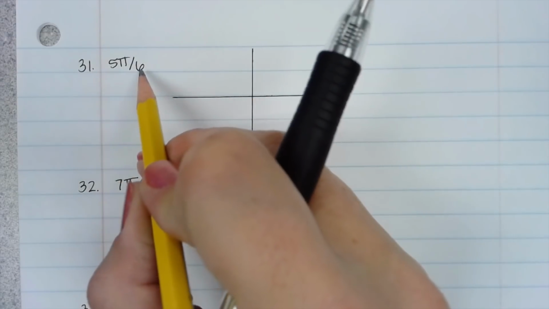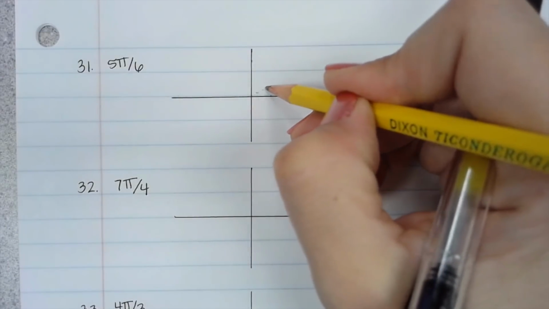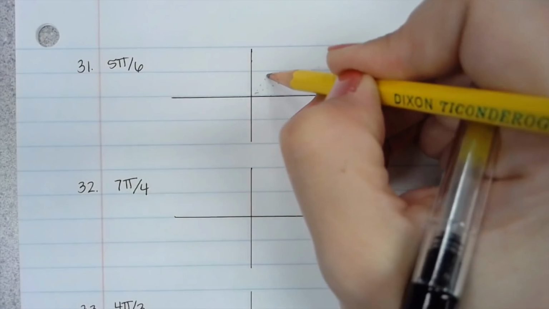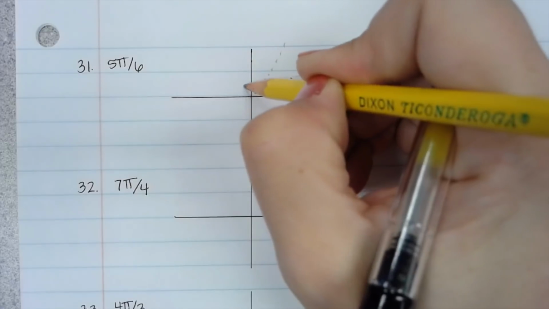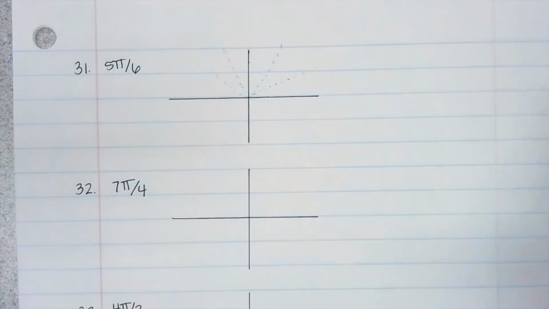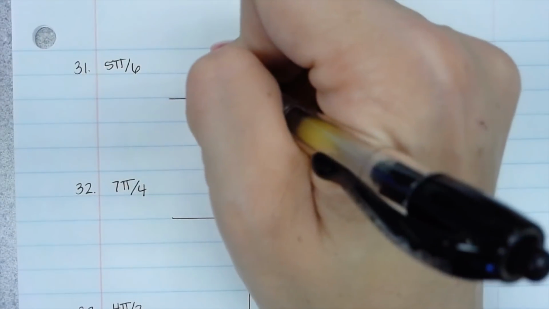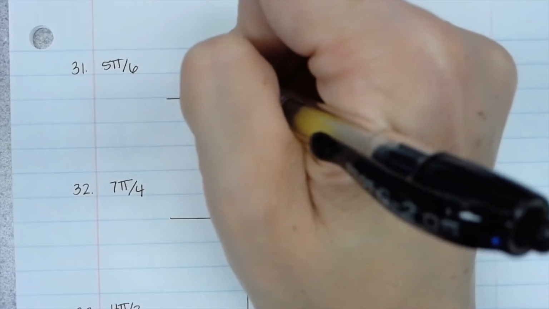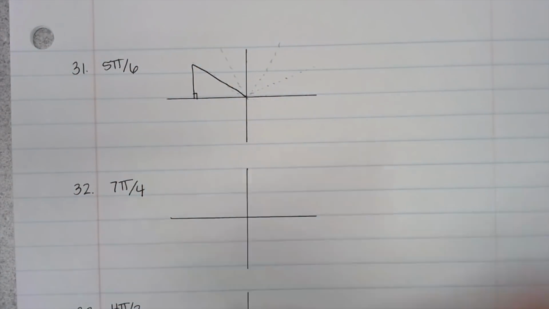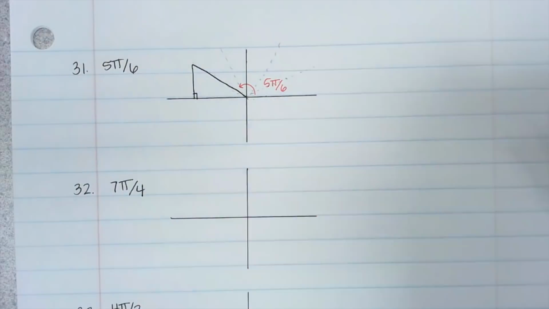5/6, so ignore the pi for just a second, is a little bit less than 1. So if we were going to break this into sixths, it'd be 1, 2, 3. Here's 4. Here's 5/6, and then 6/6 would get you back to a full half turn around the circle. So when I graph 5 pi over 6 radians, this angle right here is my 5 pi over 6 radians part.